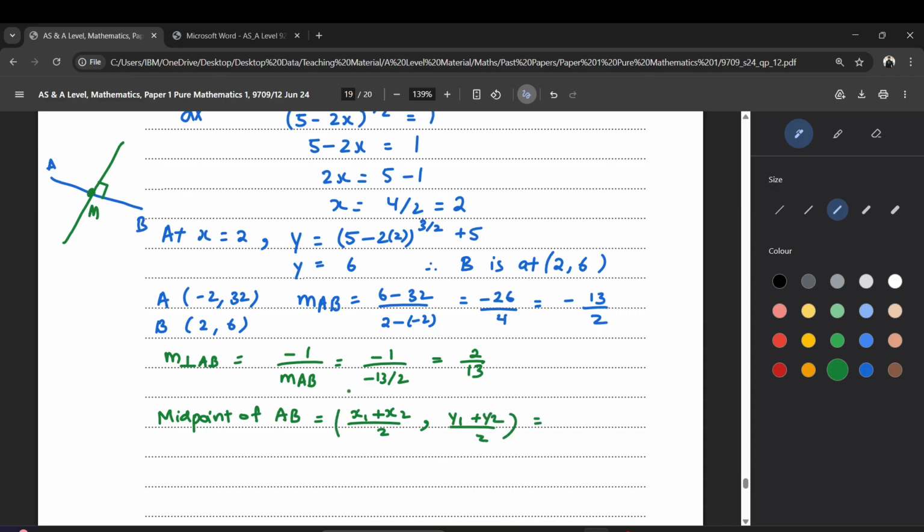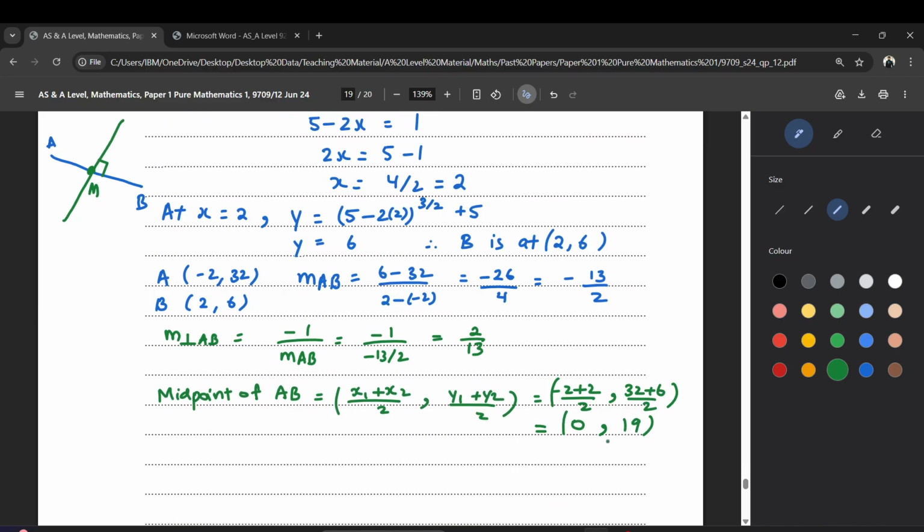Plug in the values. So minus 2 plus 2 over 2, comma 32 plus 6 over 2. So this becomes 0. As for this, we have 38 divided by 2, that would be 19. So (0, 19) is the midpoint.